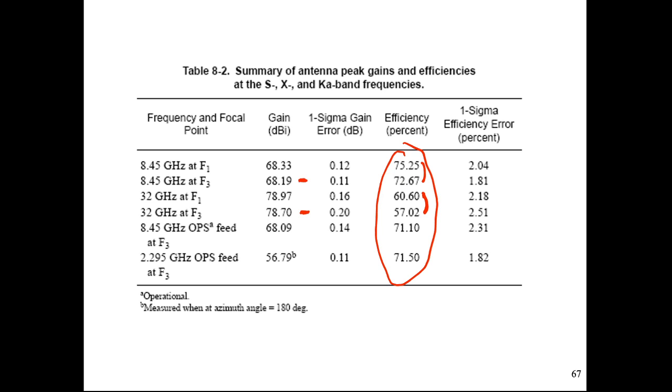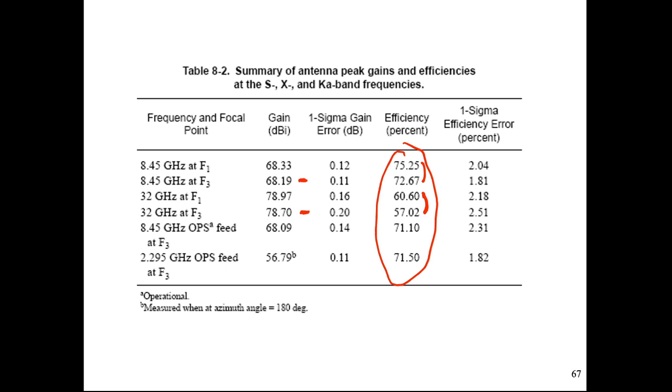By mistake, an operator pointed it directly to the sun because he wanted to take a measurement of the radiation from the sun at 300 gigahertz, very high frequency.